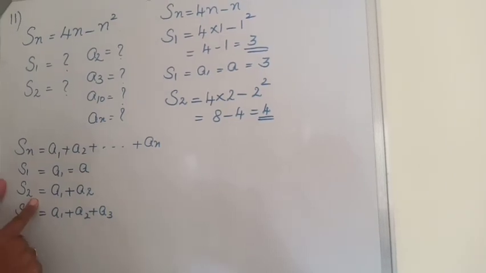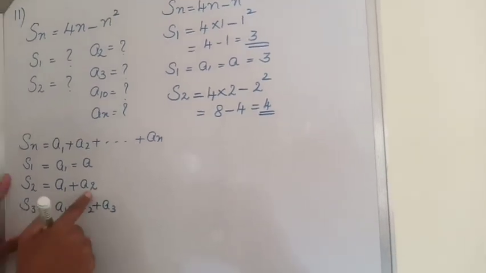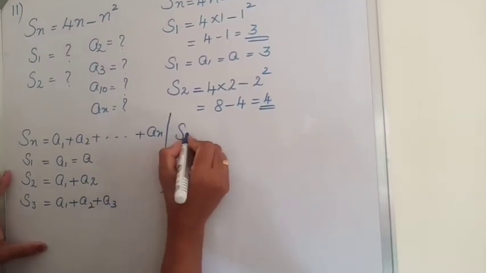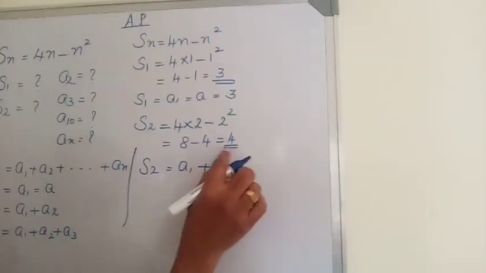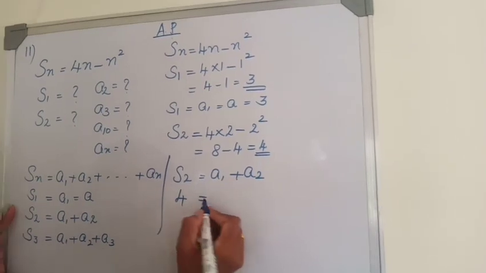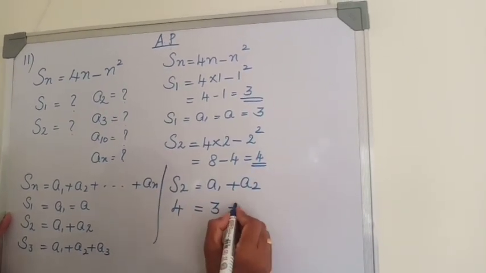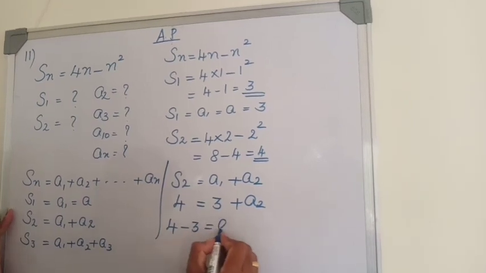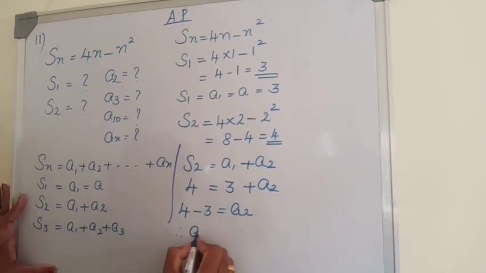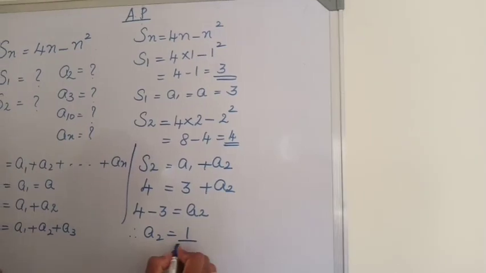You all know S2 is nothing but sum of two terms. So, S2 equals A1 plus A2. S2 is already 4, A1 is 3 plus A2. So, 4 minus 3 is equal to A2. Therefore, A2 is equal to 1.